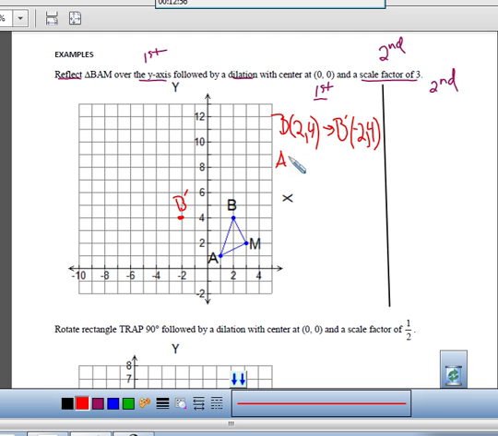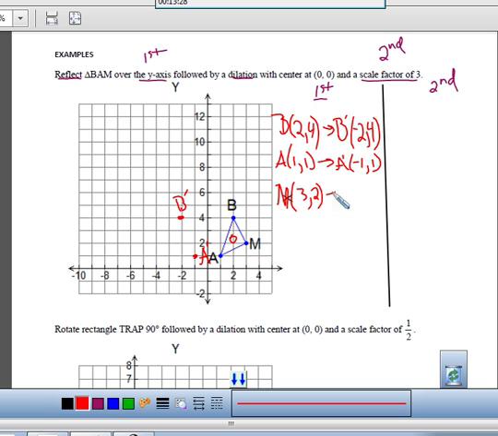So let's do that for the rest of these. So A is at 1, 1. So that means A prime is going to be at negative 1, 1. And that's right here. A prime. Oh, don't forget this is our original. And then C, oops, not C, sorry. M, for BAM, is at 3, 2.